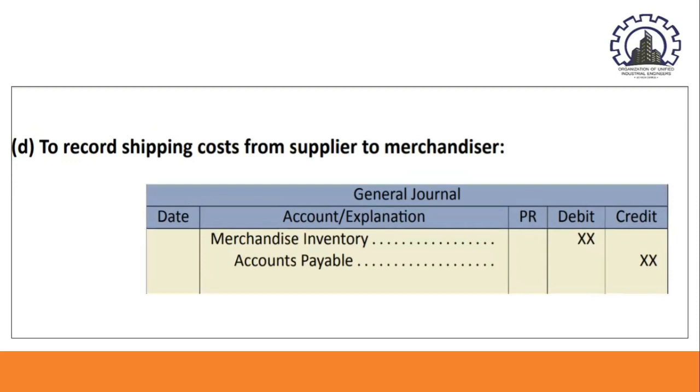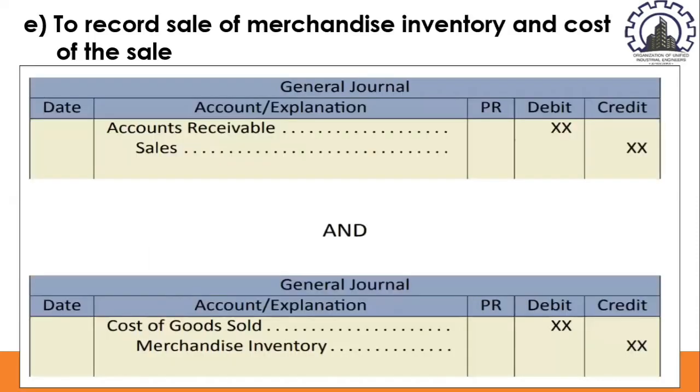And letter E, to record sale of merchandise inventory and cost of the sale. Now, for the first one, in recording the sale of merchandise inventory, you debit accounts receivable and you credit sales. On the other hand, for the cost of the sale, cost of goods sold is being debited and merchandise inventory is being credited.